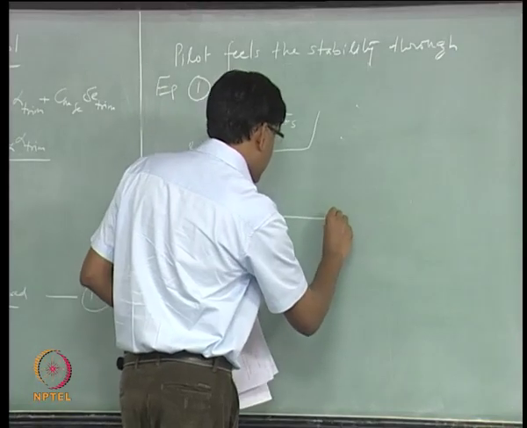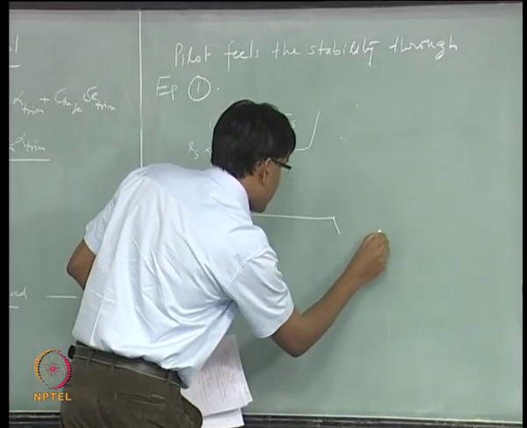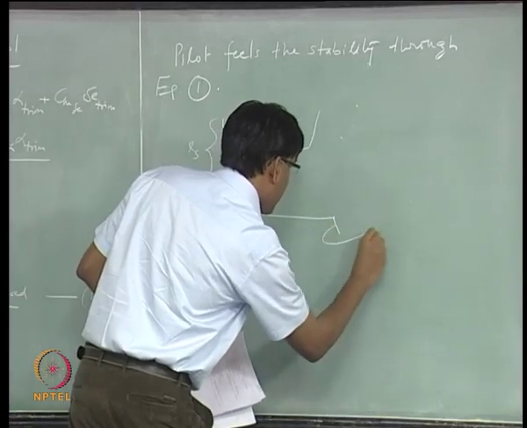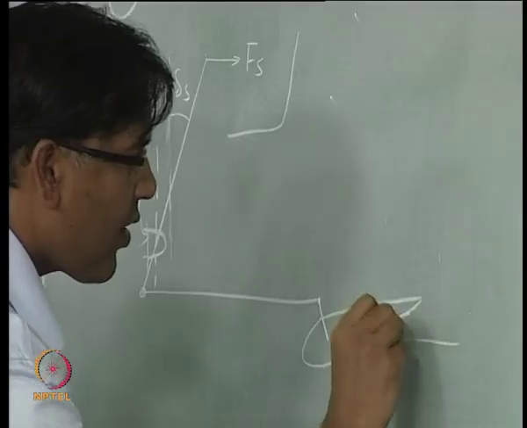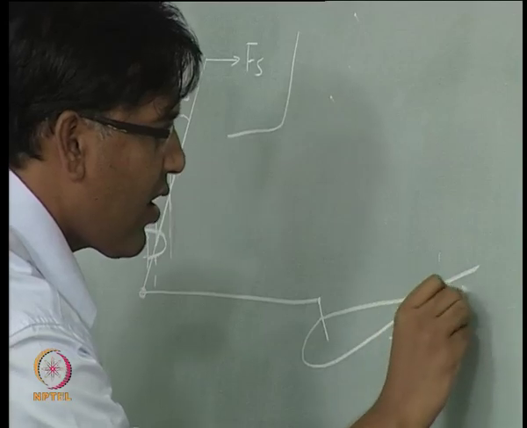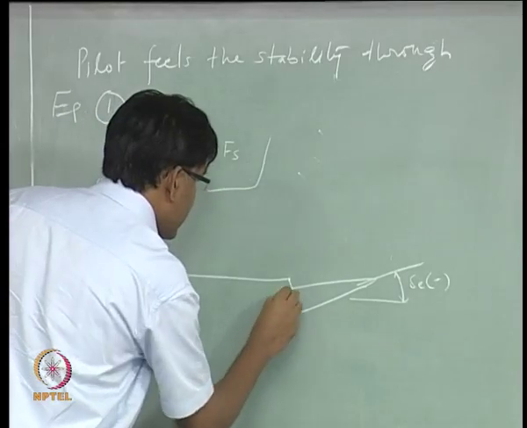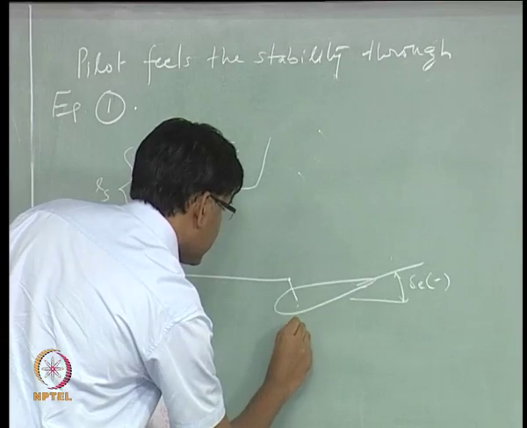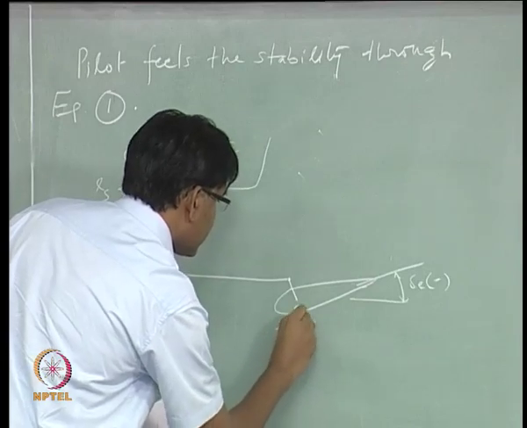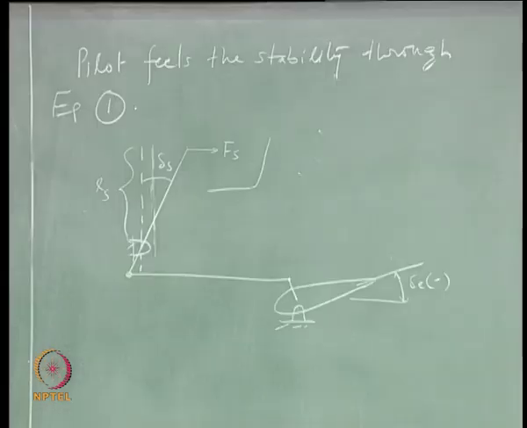So, delta E up is negative, right, that we have said yesterday, and so there is a hinge about which this elevator is moving.